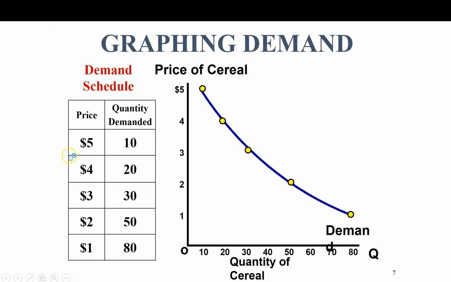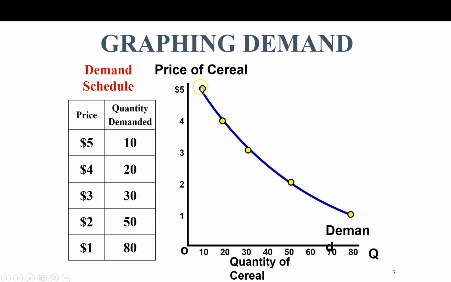And we have some information that's been gathered probably through some sort of market research. Of course, I've made it up for this. And these are our prices. And you can see there's that inverse relationship. As the price of cereal goes down, the quantity that people are willing and able to buy is increasing. And the reverse is true. As the price goes up, the quantity demanded decreases.